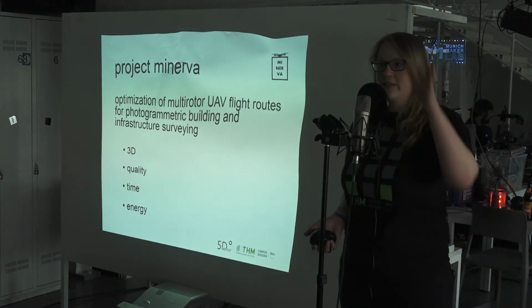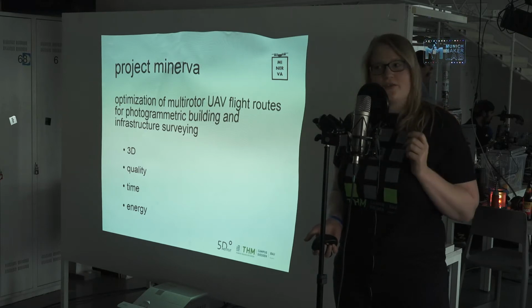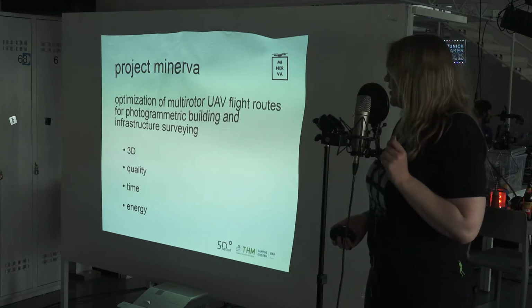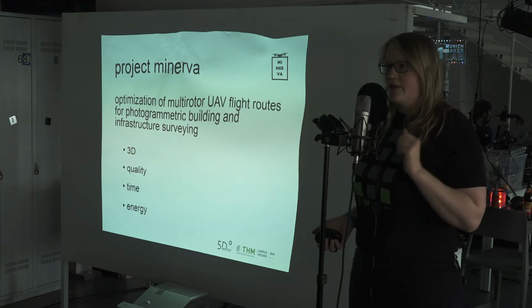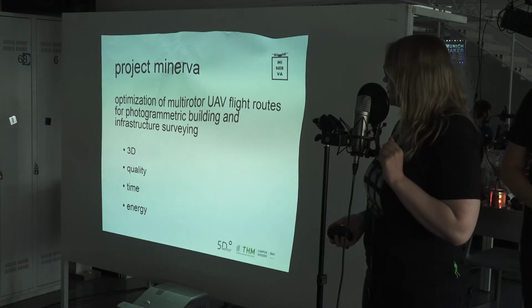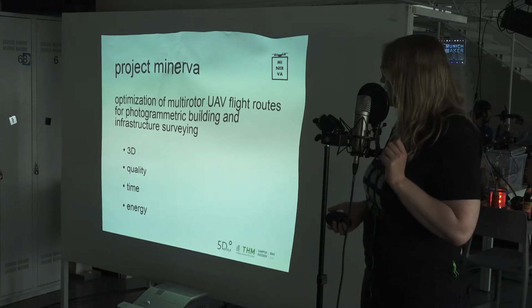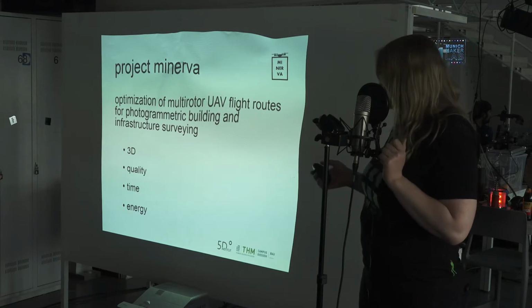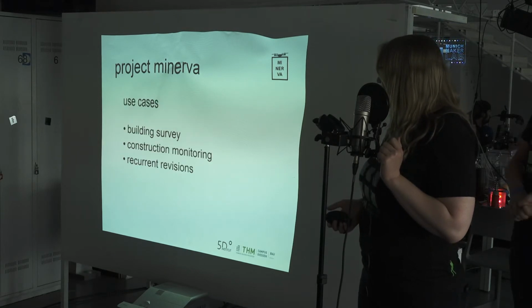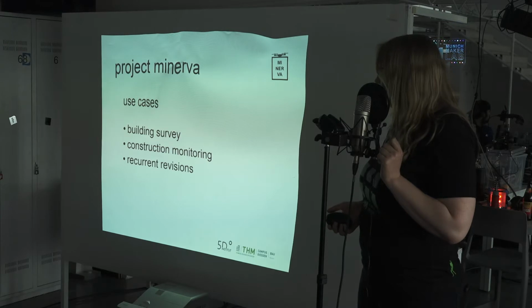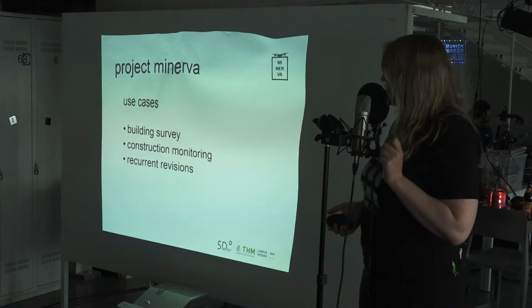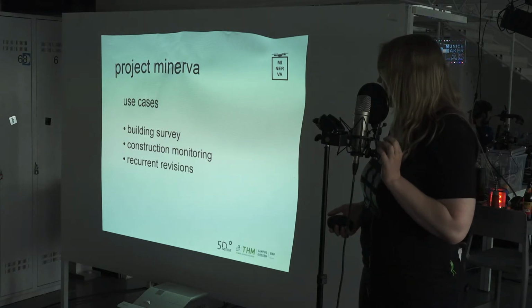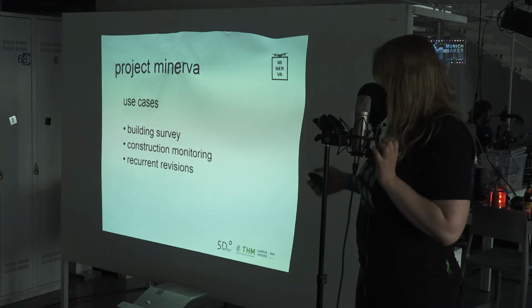So to build these buildings or infrastructure in 3D, increase the quality of the photogrammetry and reduce time and energy costs. Where we want to use this is in building survey and construction monitoring, as well as in recent revisions.